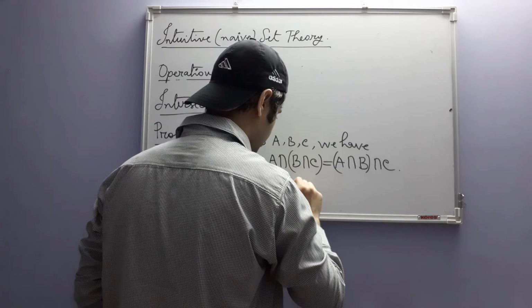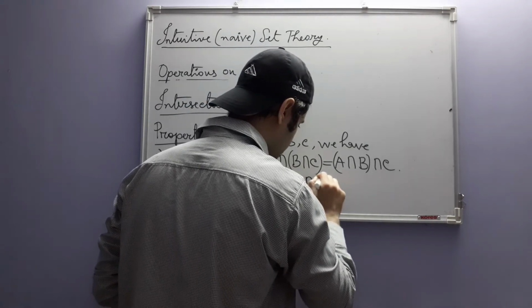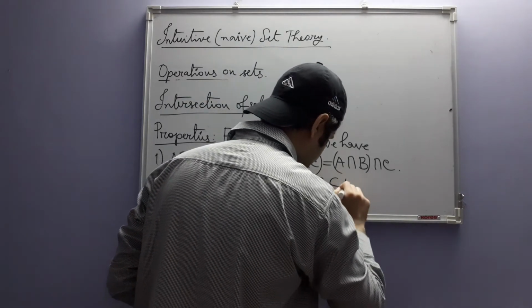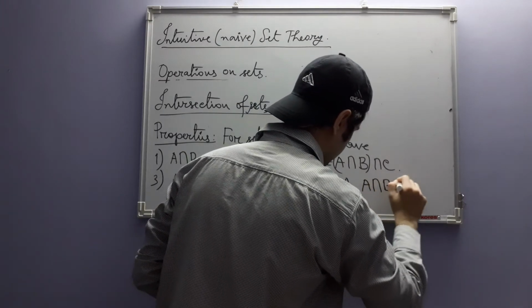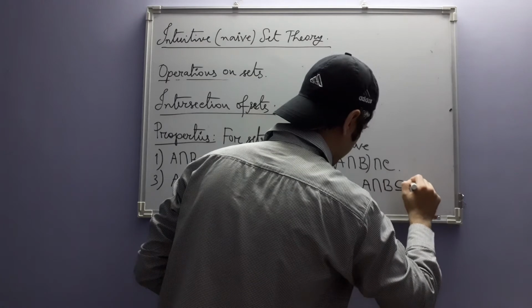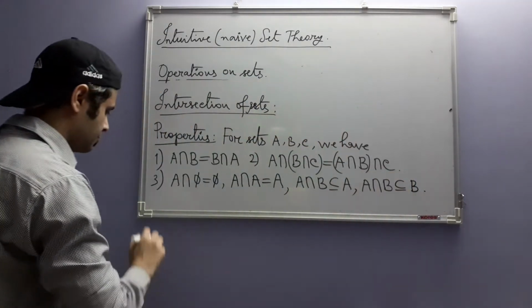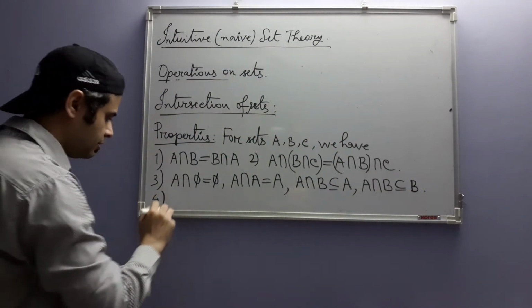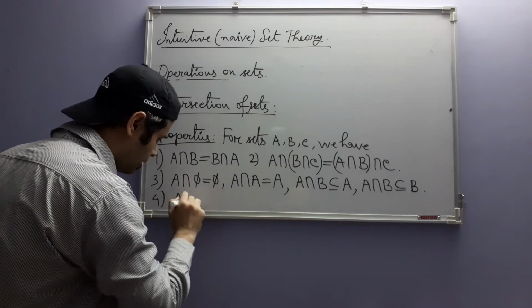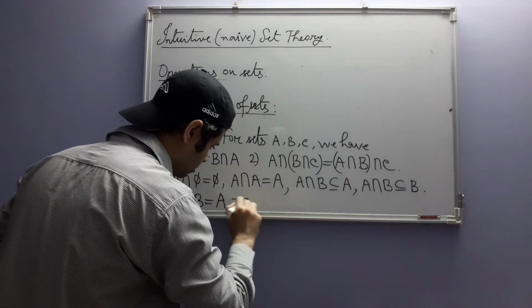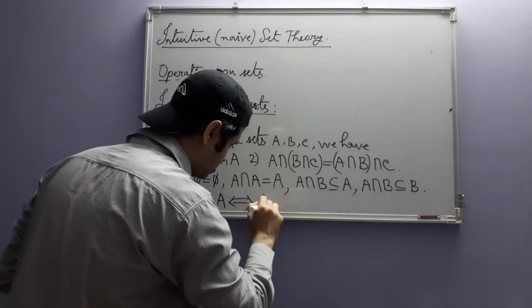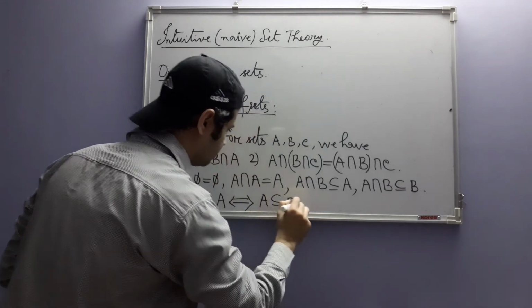Then intersection of two sets is a subset of both the sets. Finally, A intersection B is equal to A if and only if A is a subset of B.